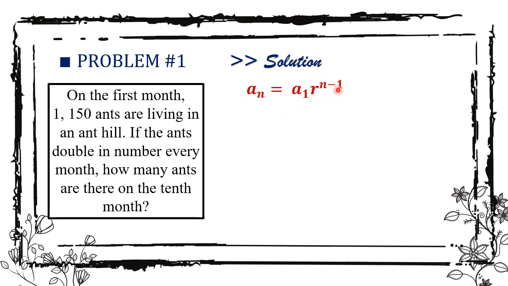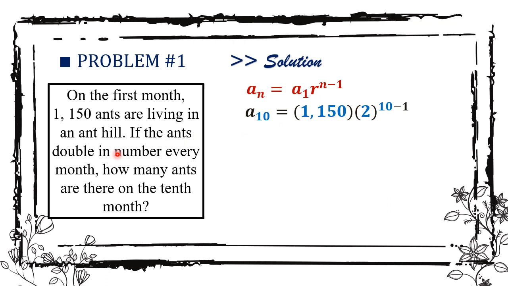Since we have our formula here already, we can now substitute the data based on the problem given. So a sub n, I turned it into a sub 10 to indicate that we're looking for the 10th term. And we have a sub 1, as mentioned in the problem, 1,150, and our ratio is 2. How come that our ratio is 2?